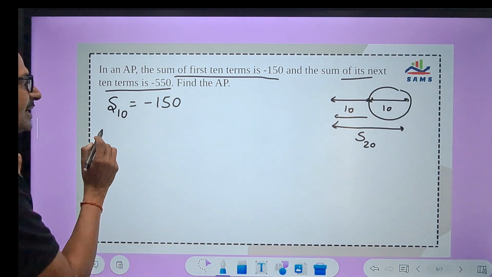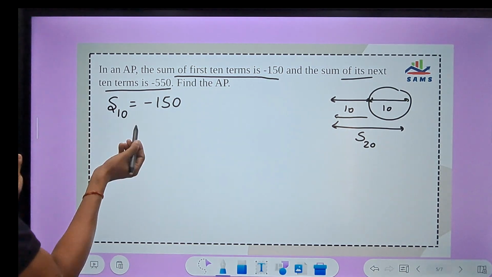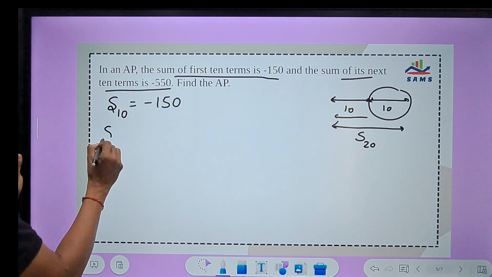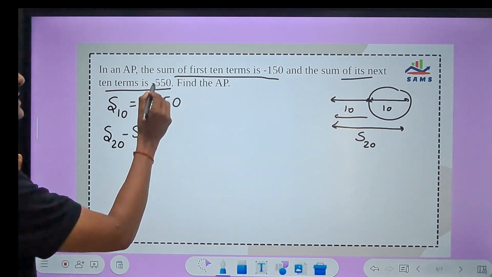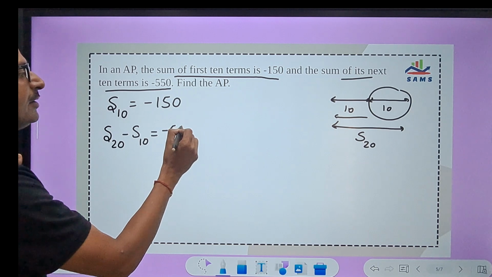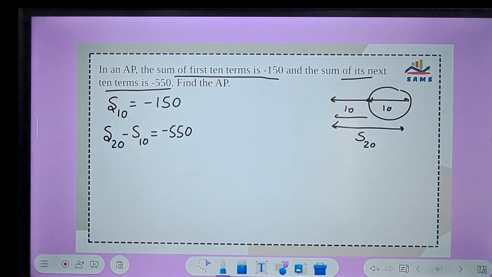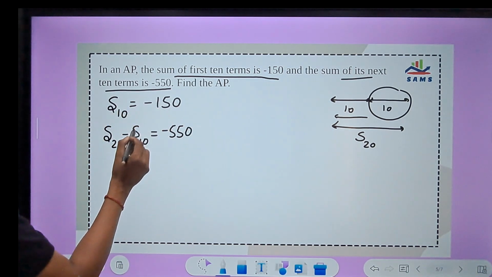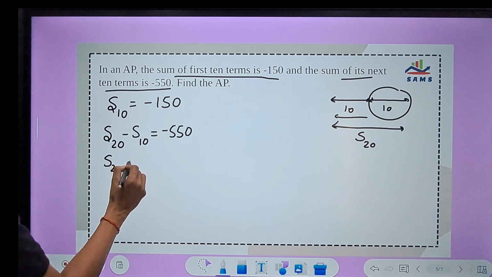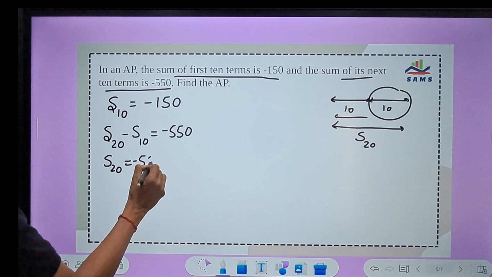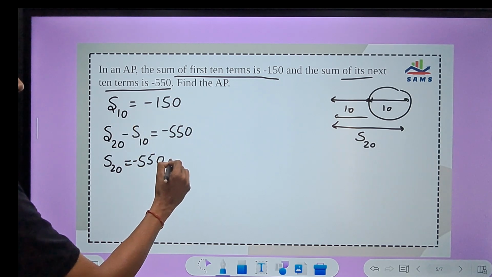So what is the next thing given to us? Sum of next 10 terms means S20 minus S10 is given to us as minus 550. And so if S10 is minus 150, I can put minus 150 here. So S20 will be minus 550 plus S10, right?